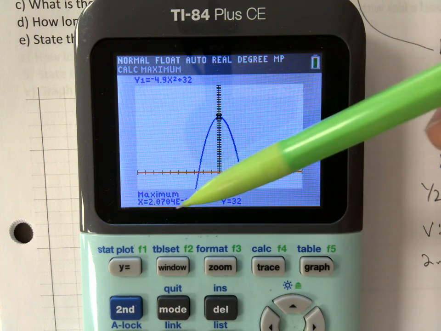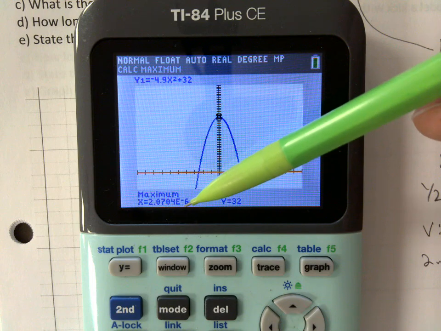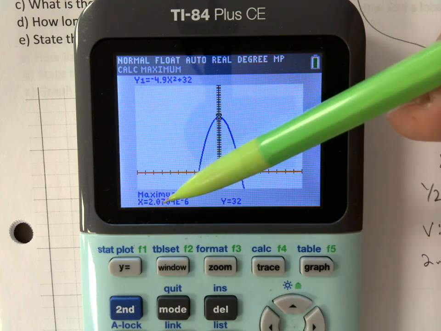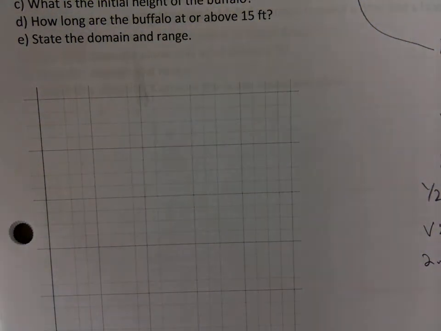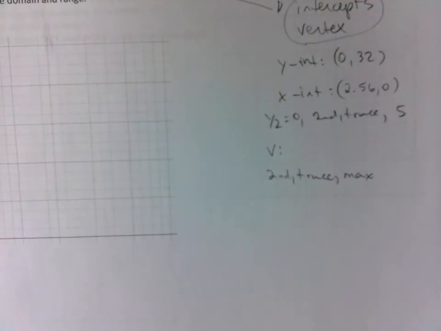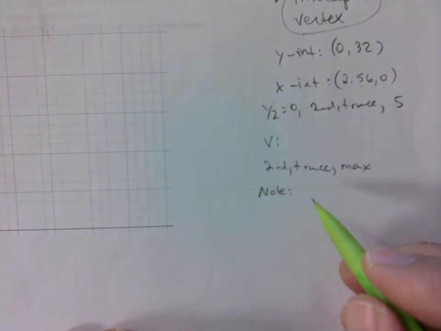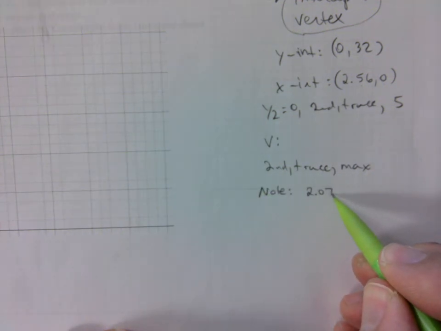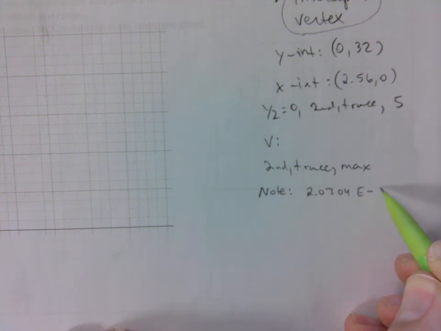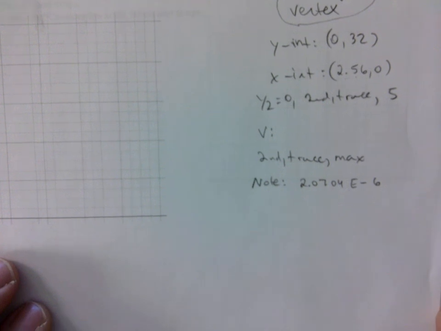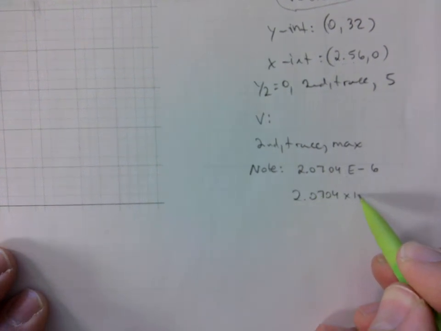I know that in chemistry you would use all your decimal significant values, but we don't in this course, okay? So this is 0. I will actually write that down here in the notes, so write that down just for reference as well. Note: 2.0704 e to the negative 6 is really saying 2.0704 times 10 to the negative 6.